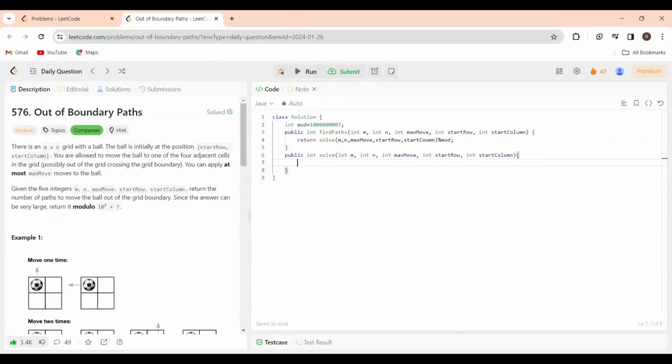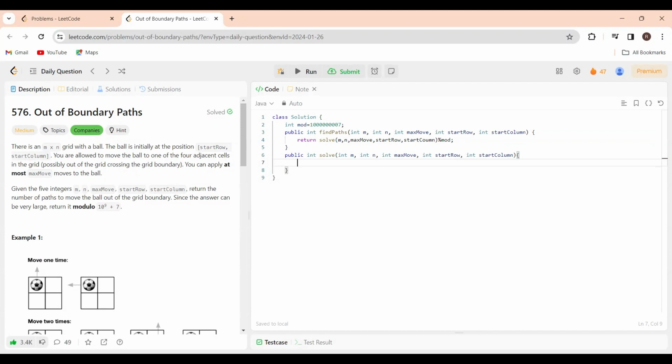So what will be the base condition here? If the ball goes out of bounds, and the ball goes in less than or equal to the maximum moves, and the maximum moves will be greater than or equal to 0.